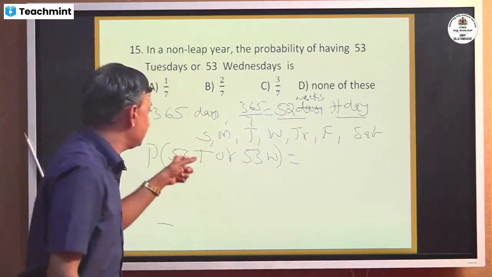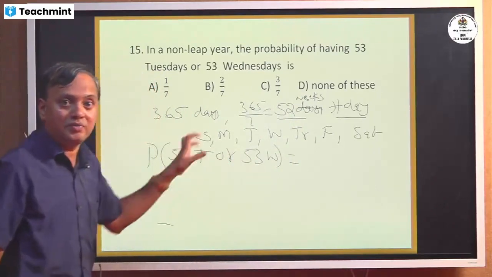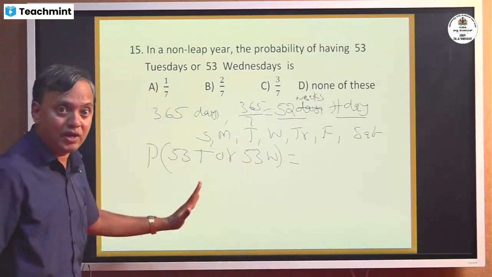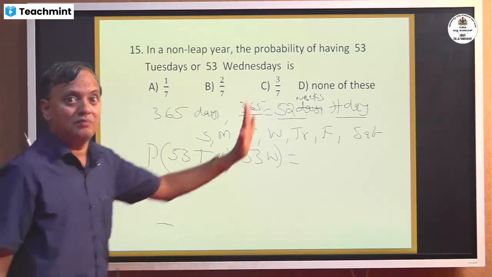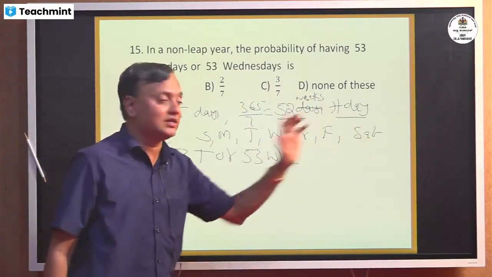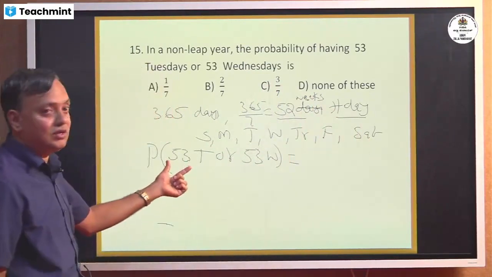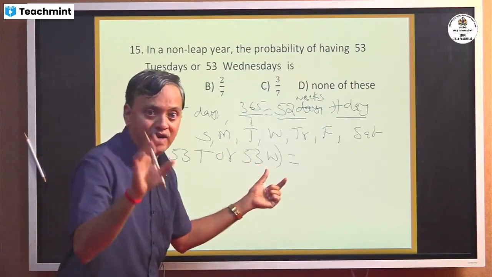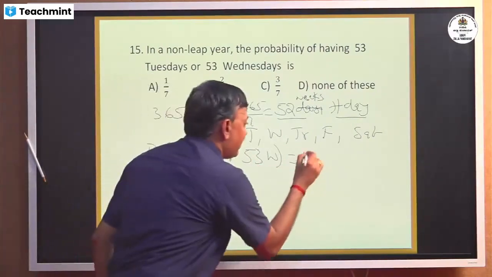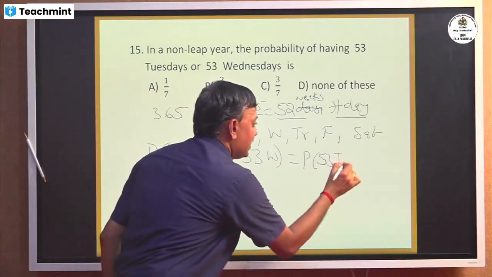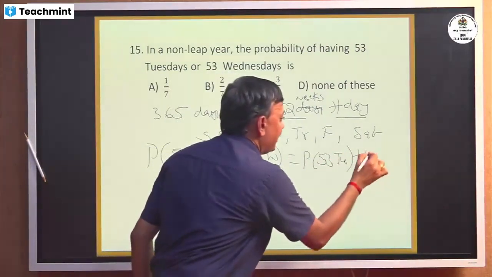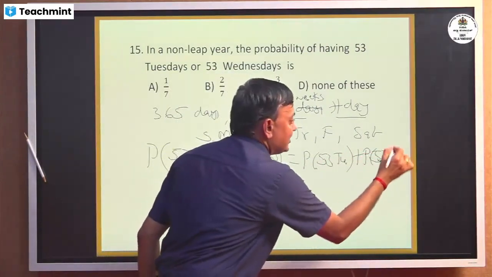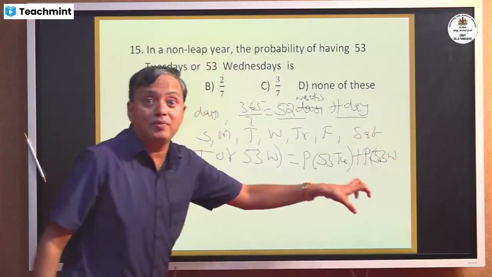Say this is A and this is B, then the probability of A union B is equal to the probability of A plus the probability of B minus the probability of A intersection B. Take 53 Tuesdays as A and 53 Wednesdays as another event B. Then it becomes the probability of 53 Tuesdays plus the probability of 53 Wednesdays minus the probability of their intersection.